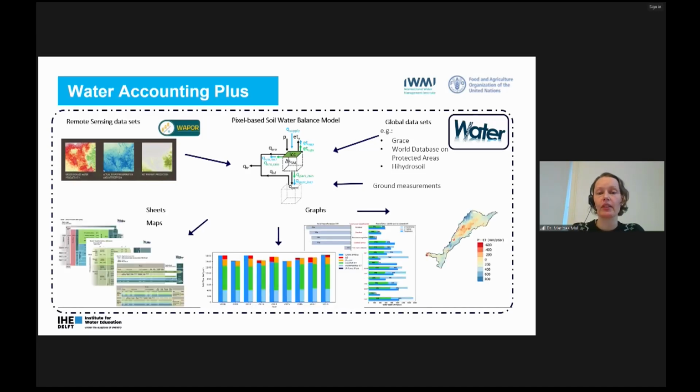And then we report this type of information in what we call water accounting sheets. These are one-page documents with a general oversight of the status of the basin in a certain time span. We also develop graphs and figures and spatial maps to illustrate the output of these Water Accounting Plus studies.